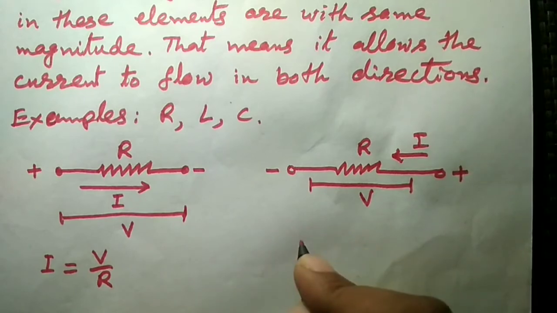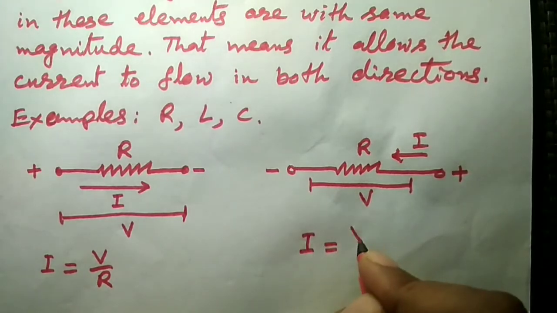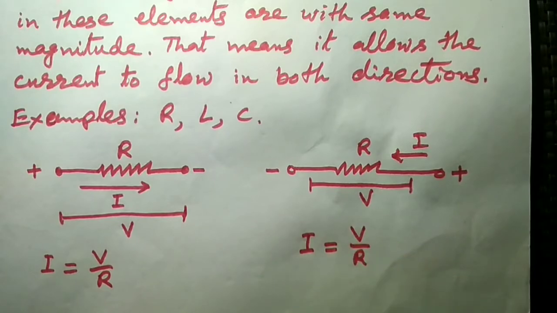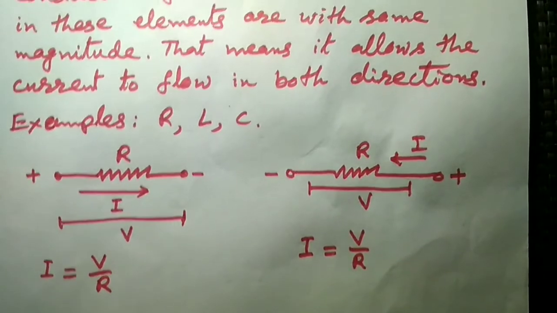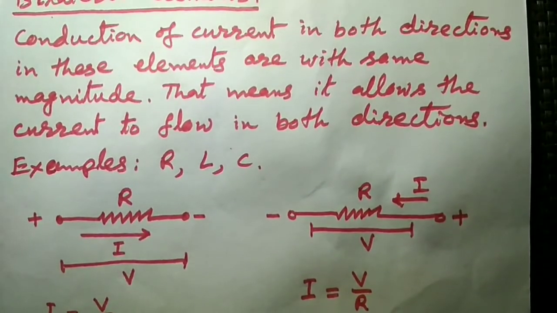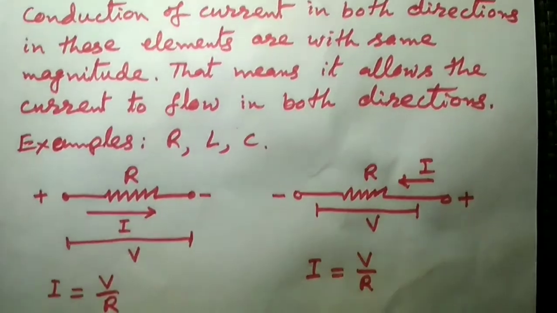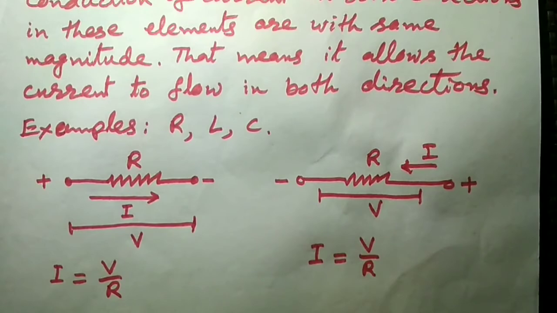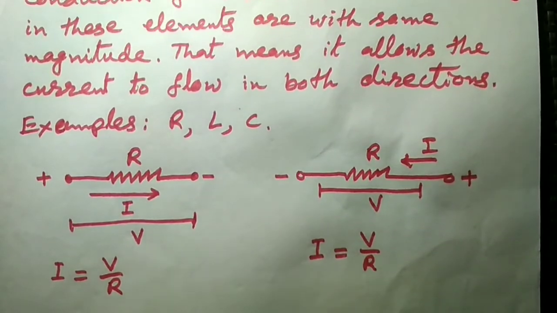And if we apply Ohm's law, again the value of the current will be V upon R. That means in case of resistors, if the polarity across the resistor is changed, the direction of the current will be changed, but its magnitude will be the same. This type of element is called a bilateral element.